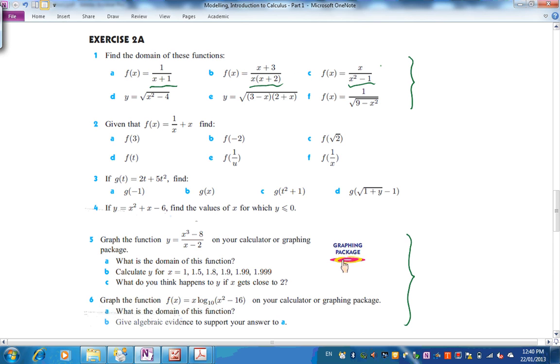So think through those. If you get stuck, technology will help. Okay, given that the function here, this little bit of function notation, can you see that f of 3 means replace 3 in place of x everywhere it occurs in the function? And similarly here. So you might need to rewind the presentation, have another look and check it out.